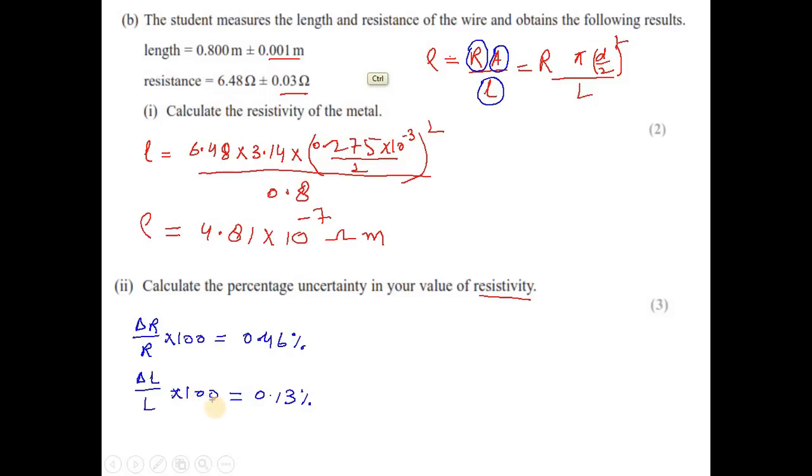And the only quantity left is the area, so the percentage uncertainty in the area is twice the percentage uncertainty in the diameter, because area is pi d squared. Due to this square, the percentage uncertainty in the diameter, delta d by d, is twice of 1.1, and then you add all these three, so you can get delta rho.